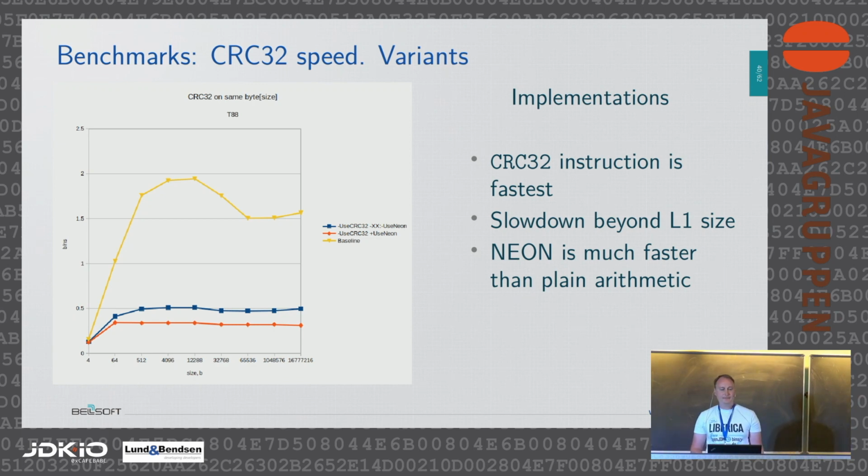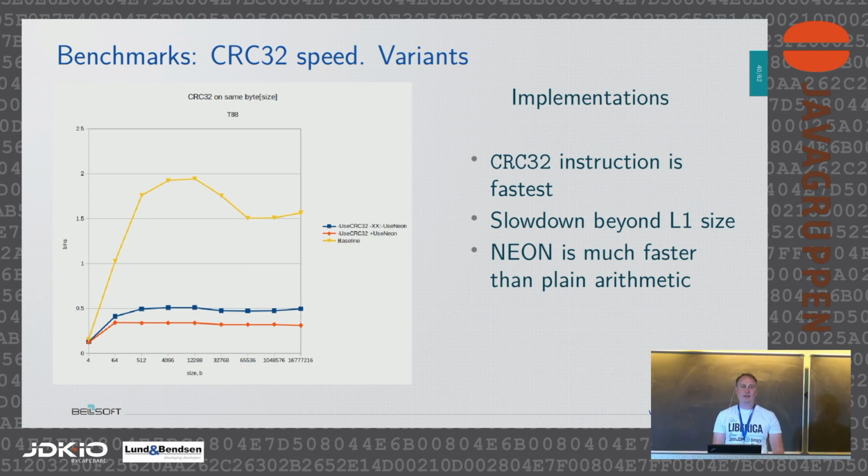That's a yellow line. And it was pretty good, right? You saw the options. There is hardware support in Neon instruction set. So there is an option to implement all the stuff using Neon. And there's an option to use plain arithmetic, right?